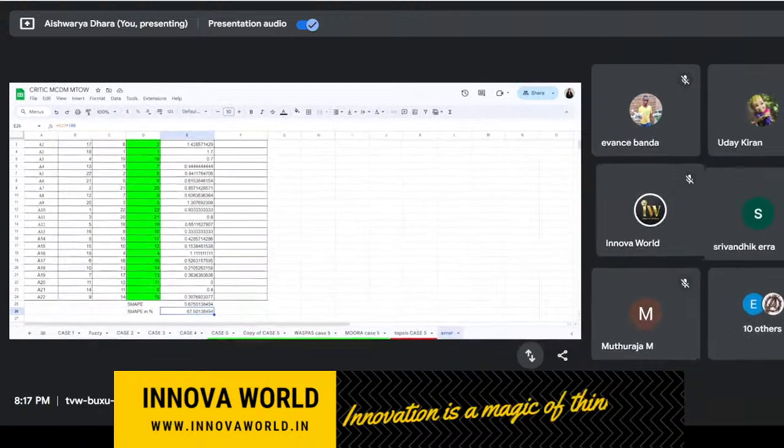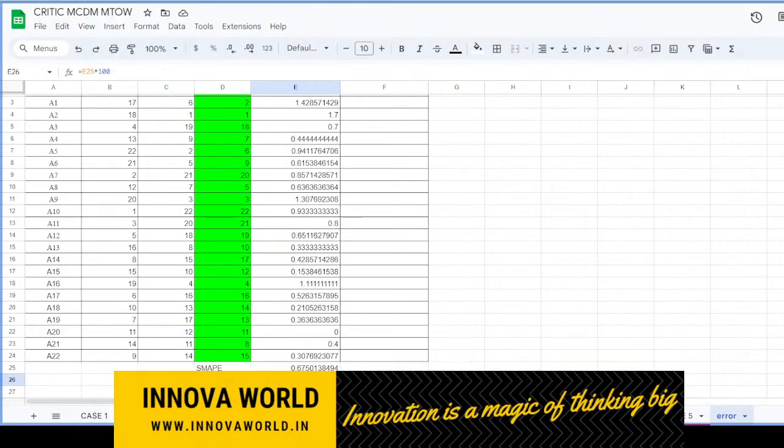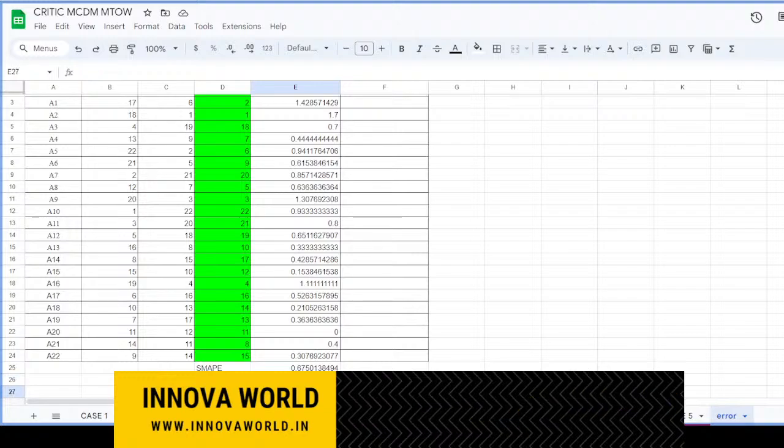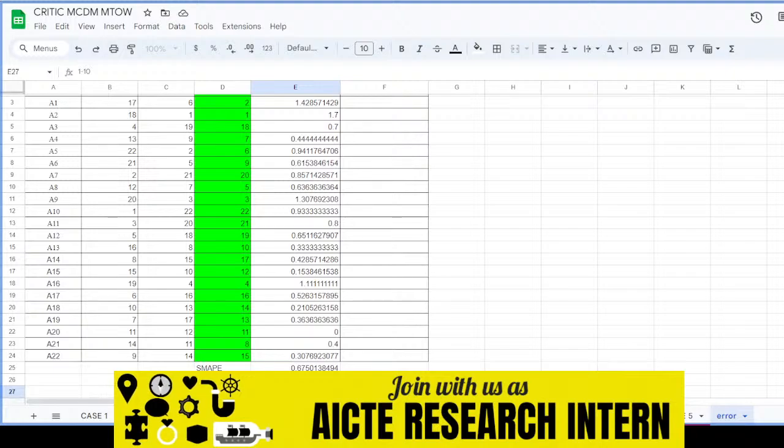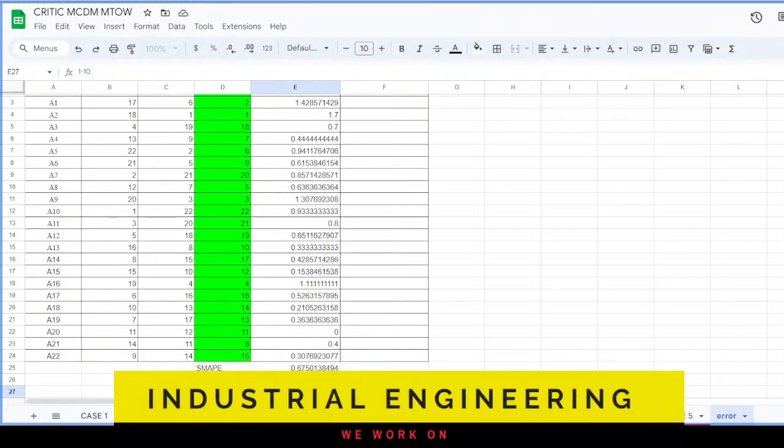According to the study, if the range is between 1 to 10%, it means the model is accurate.